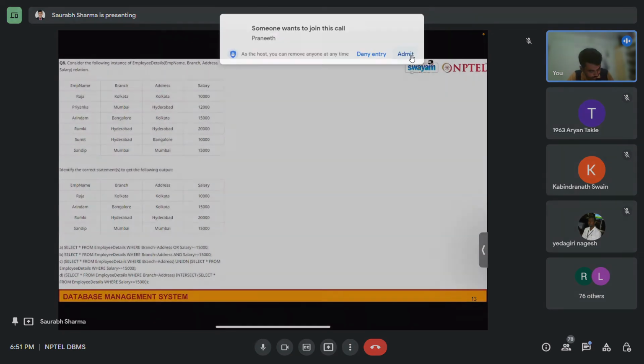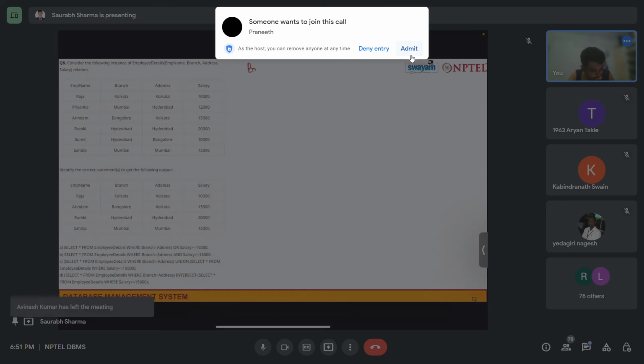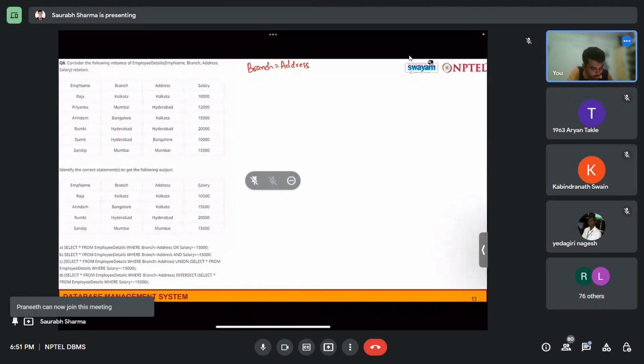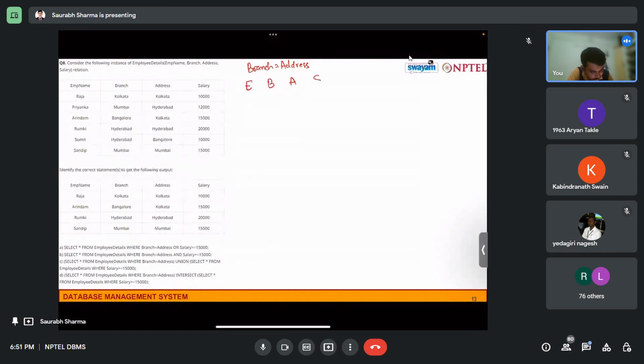For the first, branch equal to address, we get employee name, branch, address, salary.